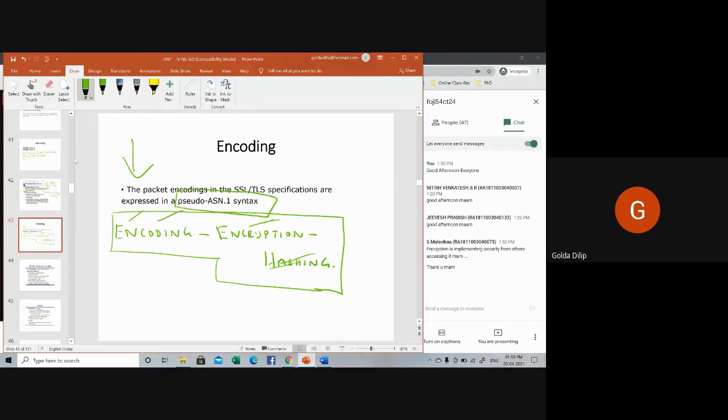The packet encodings in SSL or TLS specifications are expressed in pseudo ASN.1 syntax. So that is again encoding with characters and symbols. So the packet encodings come with this particular format.